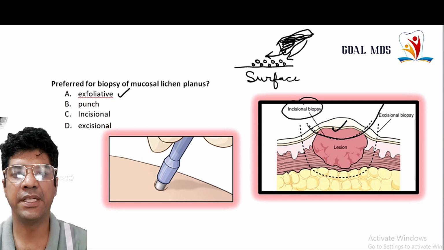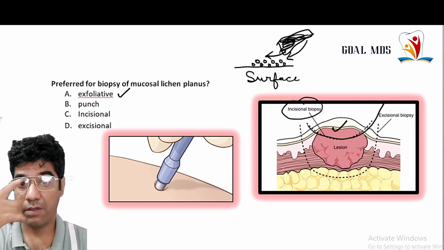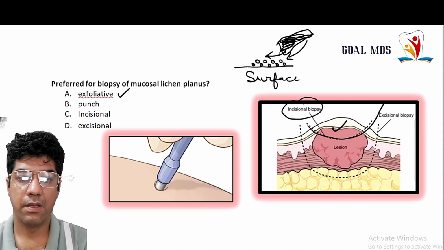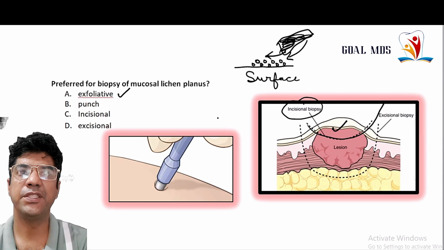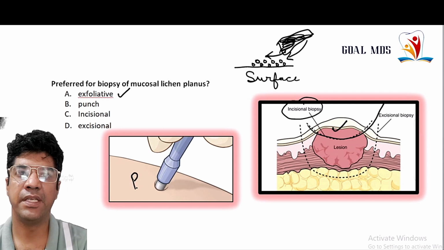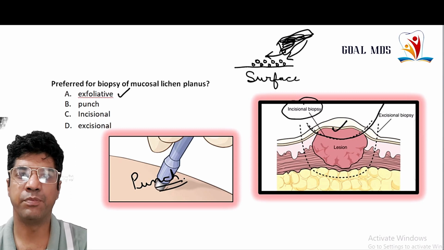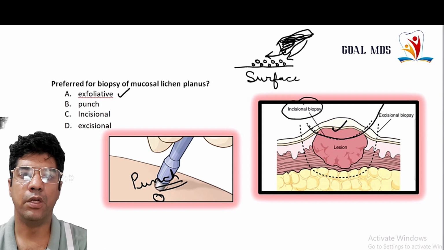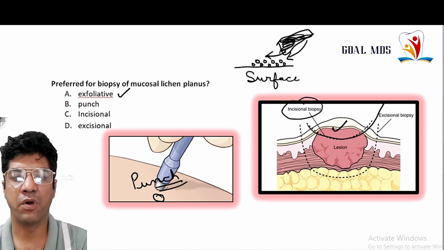So this is commonly used for superficial lesions. What is punch biopsy? This one is an example of punch biopsy, which involves a small circular punch tool to remove a full thickness sample of tissue from the lesion.